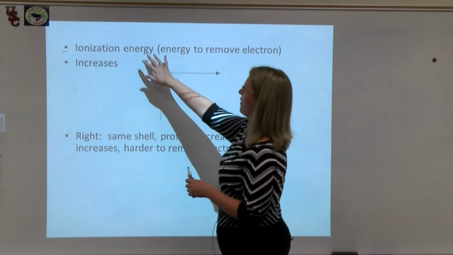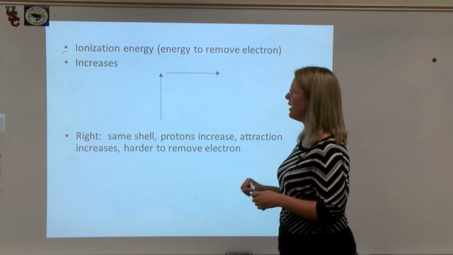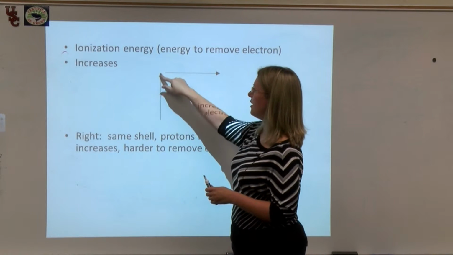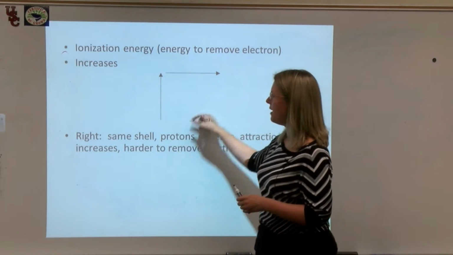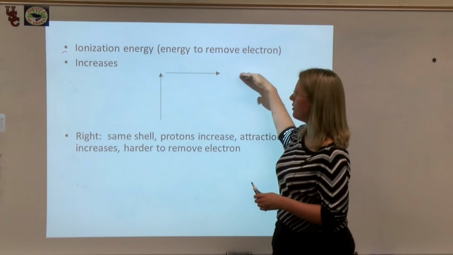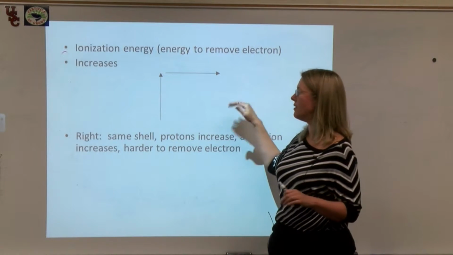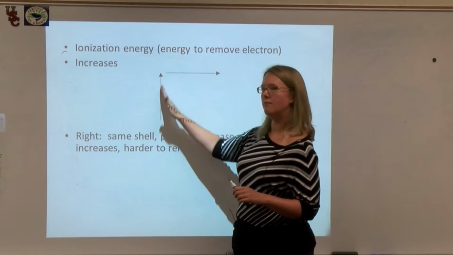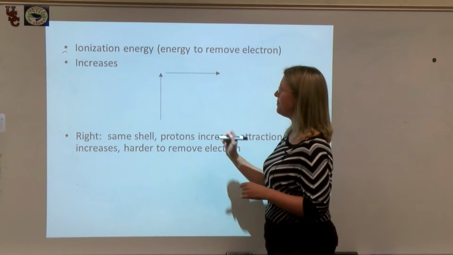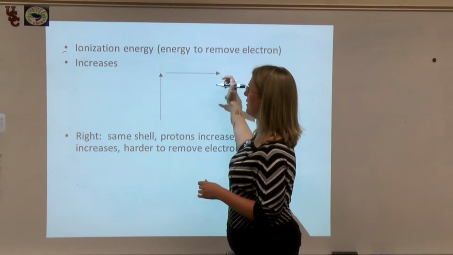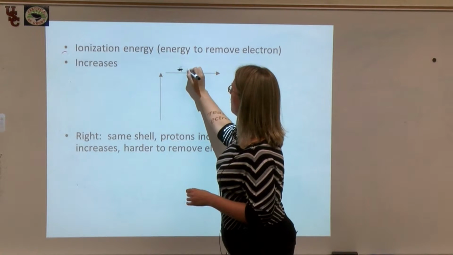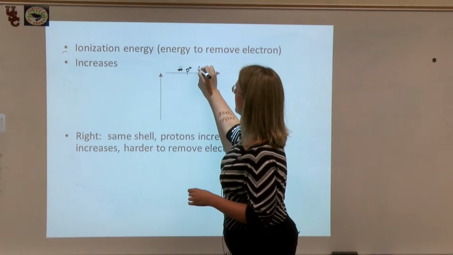So again, here we have our definition, energy to remove an electron. How does the trend go? It increases up and to the right. Well, why is that? Remember I told you when we're talking about these rows, our focus is on the number of protons. When we're talking about the column, our focus is the shells. So as you go to the right, your number of protons is going to increase.